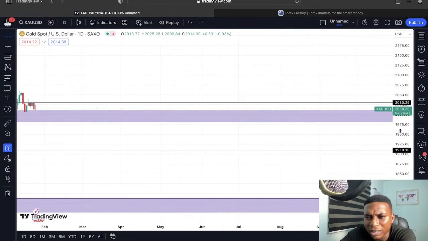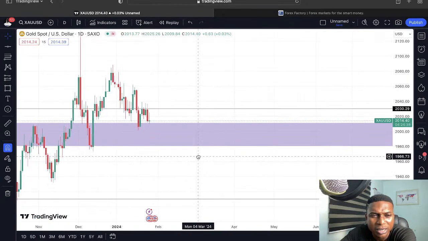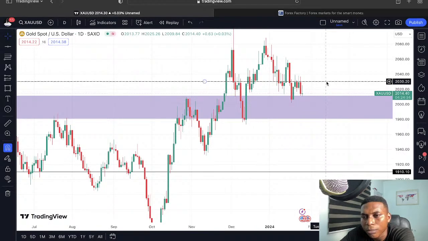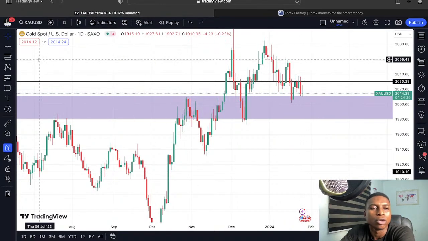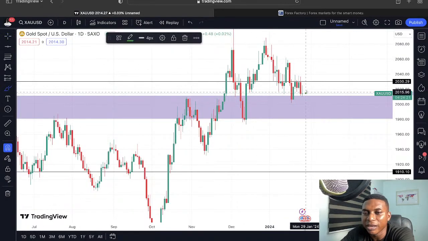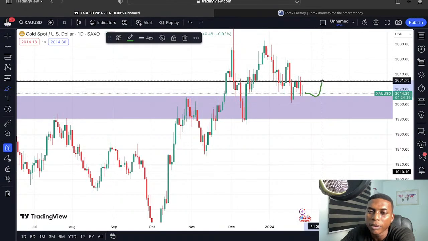And what level is that? Let me get the price. I'll be setting a buy order at 2030.20 USD. After gold has played around here for a while and decides to come up, my buy order is triggered.